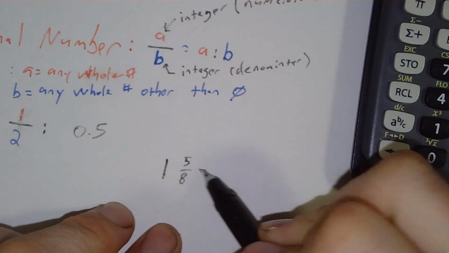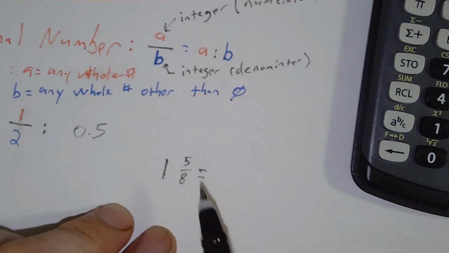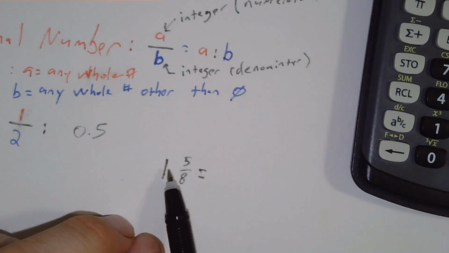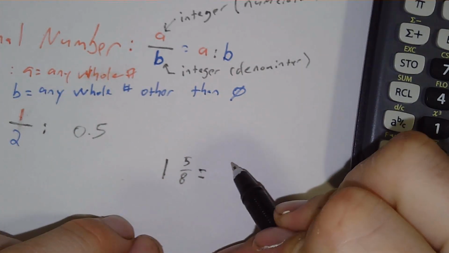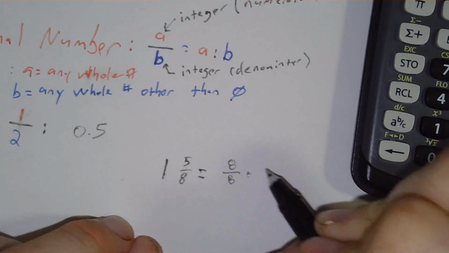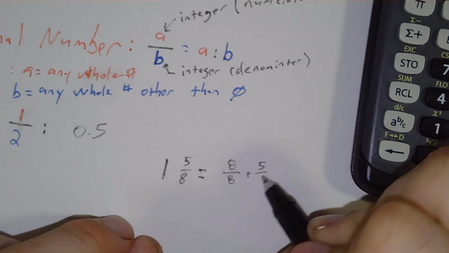Okay, well, it's not too bad. How many eighths make a 1? Well, there are 8 eighths to make a 1. So that equals 8 eighths plus 5/8, right?